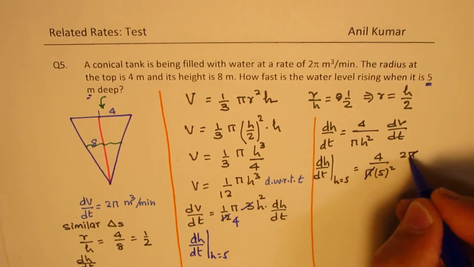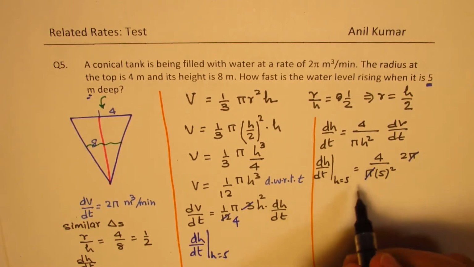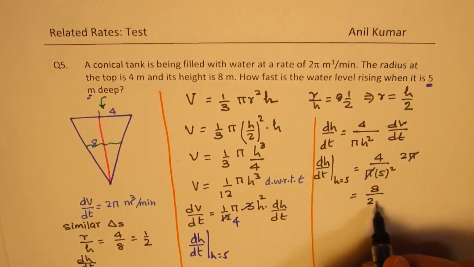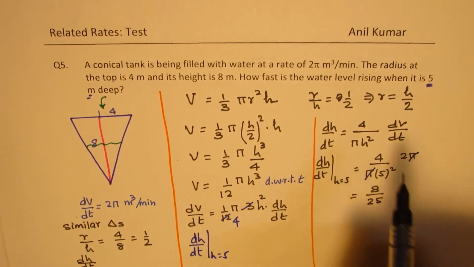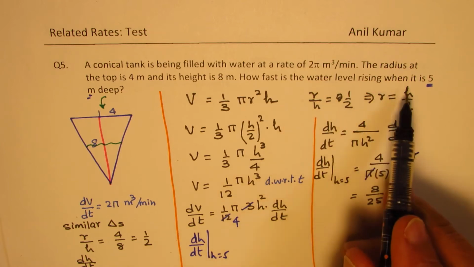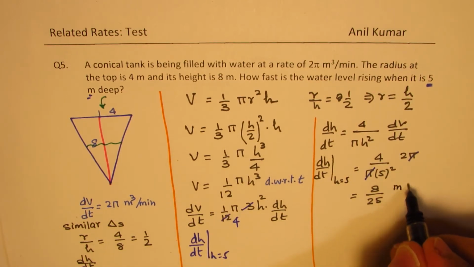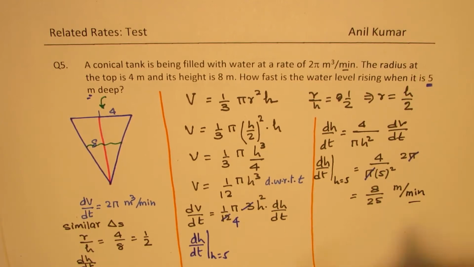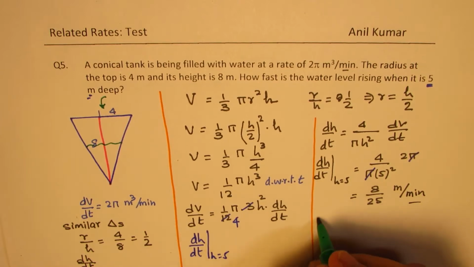So that becomes the value 8 over 25. Units will be, we want to find rate of change of height in meters, meters per minute. Is that clear? So that is how we are going to answer this particular question.